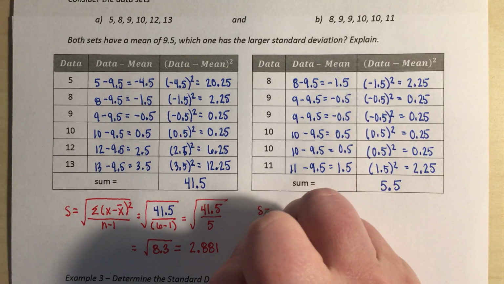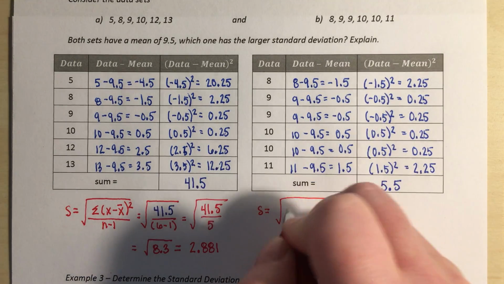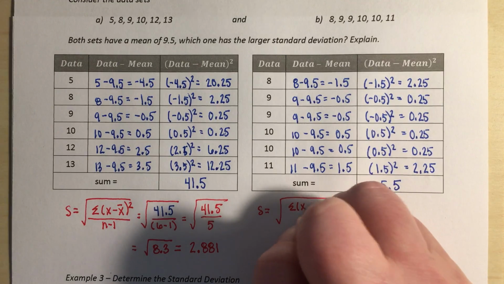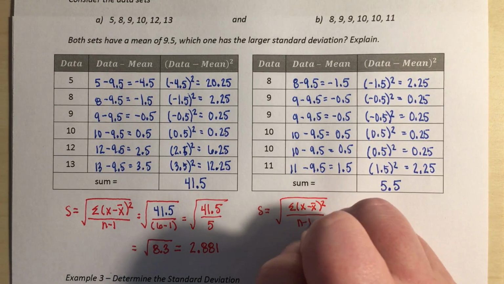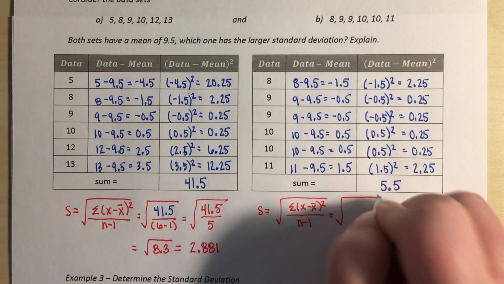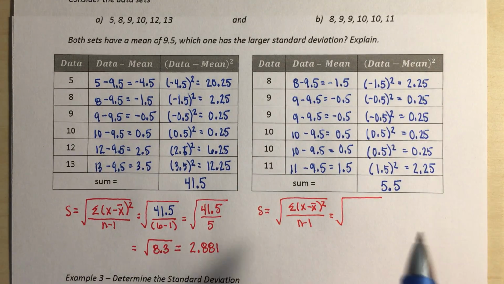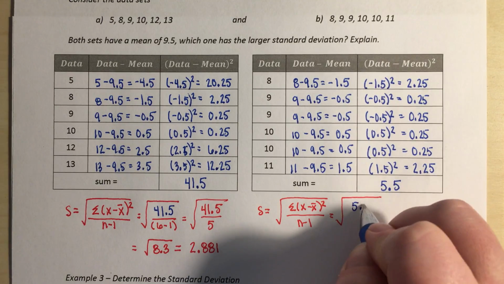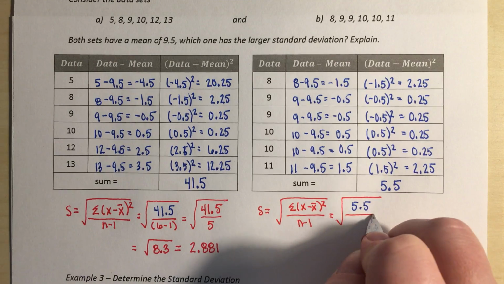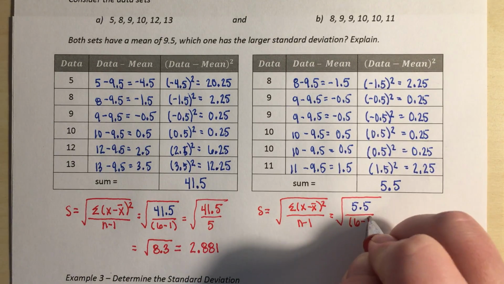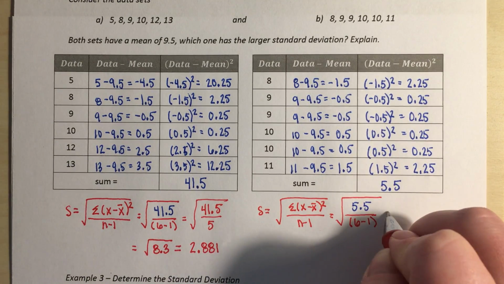So our standard deviation, again, we're going to take sigma x minus x bar squared divided by n minus 1. Our sum in this case is that 5.5 that we just found. We're going to divide that by our sample size minus 1, so 6 minus 1.